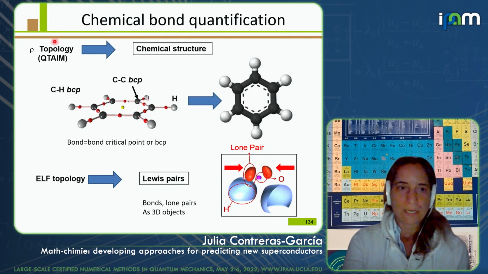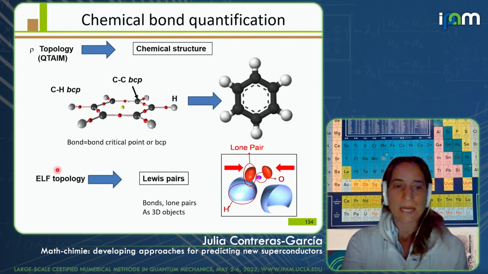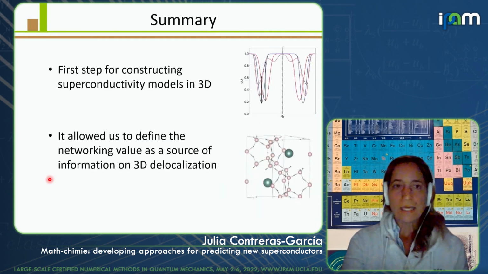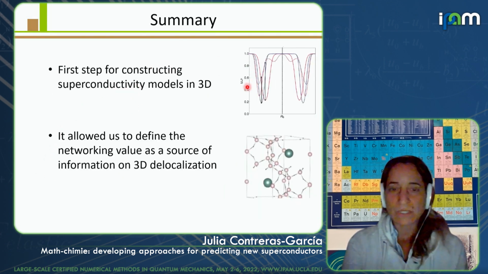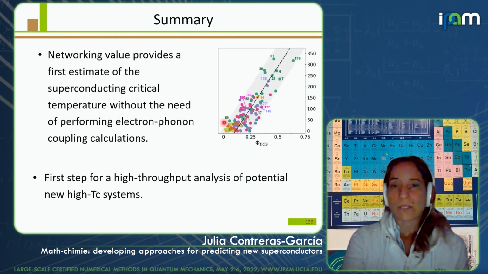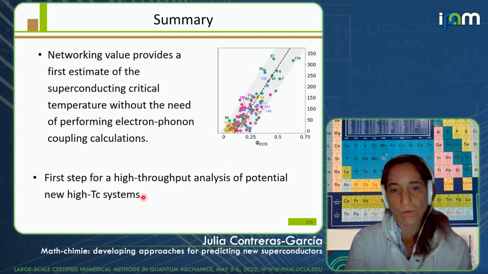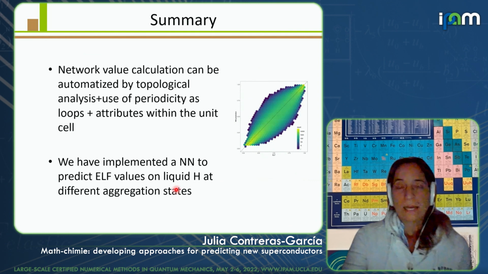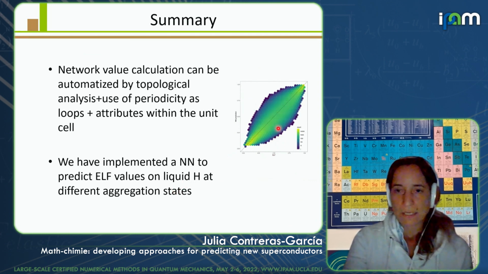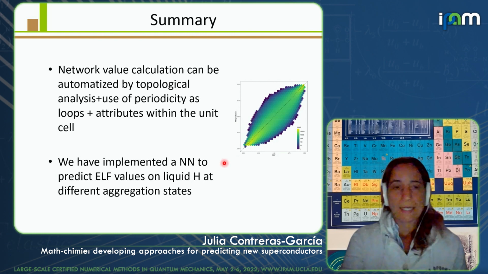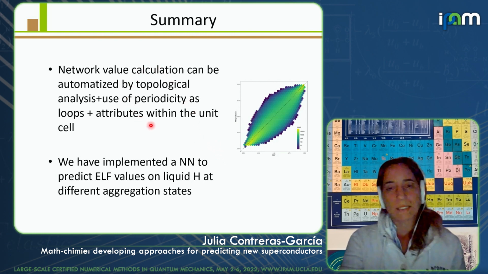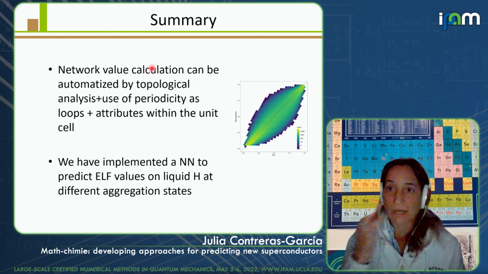So through both the electron density topology and the electron localization function topology, how to connect it to superconductivity, defining 3D delocalization networks, how it correlates with the TC, and hopefully allow a high throughput analysis of potential new high TC systems, how it can be automatized by neural networks, hopefully better, how the networking value can be automatized by this treatment of periodic systems.